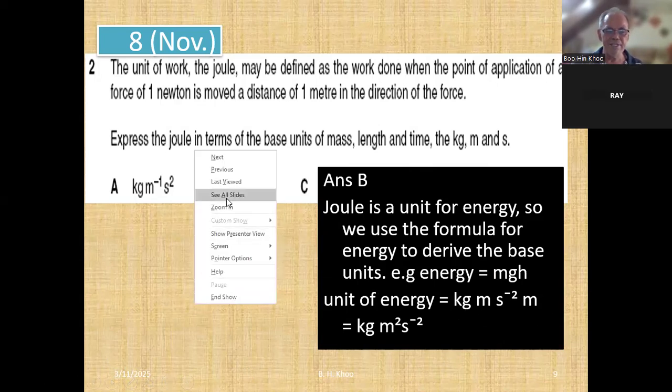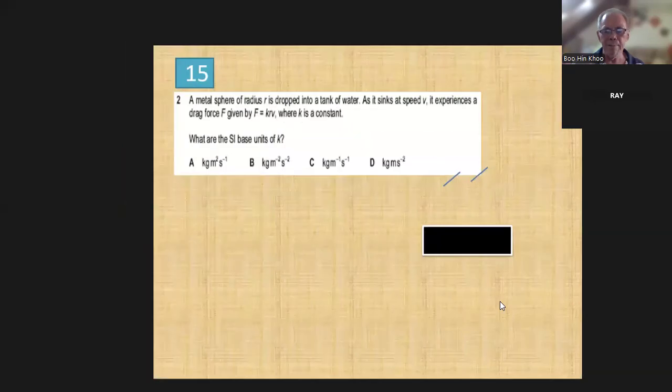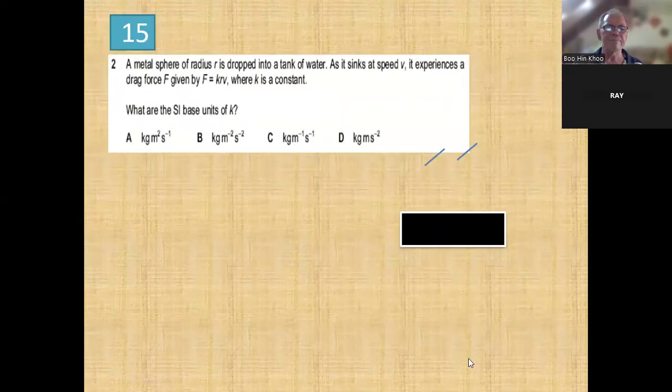Okay, let's try number 15. A metal of radius r is dropped into a tank of water. As it sinks at a speed v, it experiences a drag force F given by F equals KRV, where K is a constant.